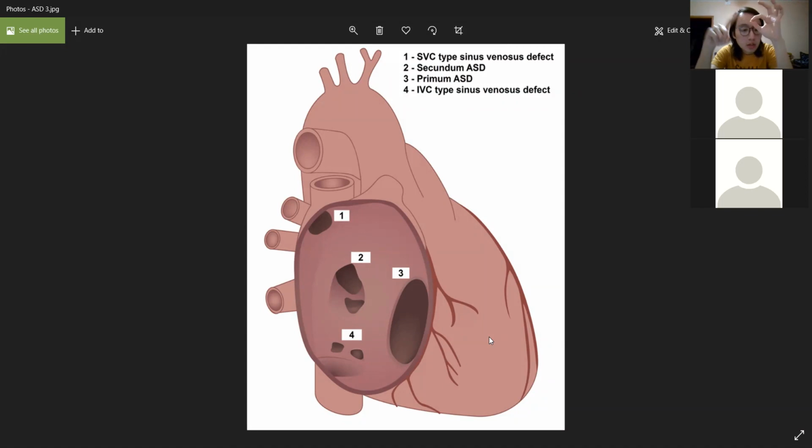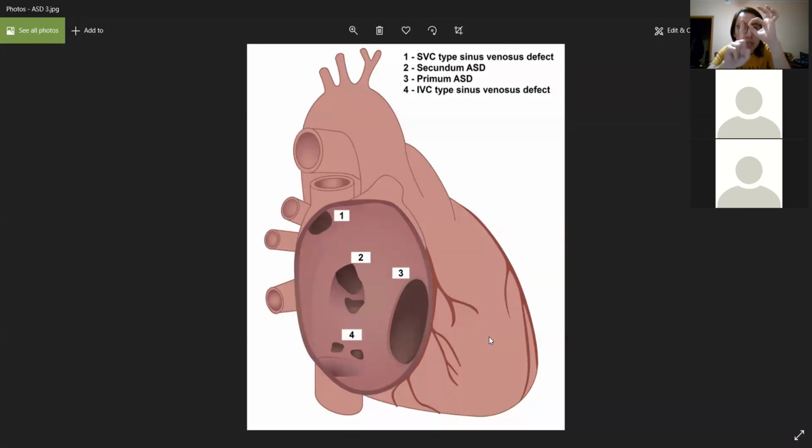for ASD, one of the synonyms, is AVSD with communication on atrial level. It means that although the defect also crosses towards the ventricular part, most of the defect is on the atrial side rather than the ventricular side.